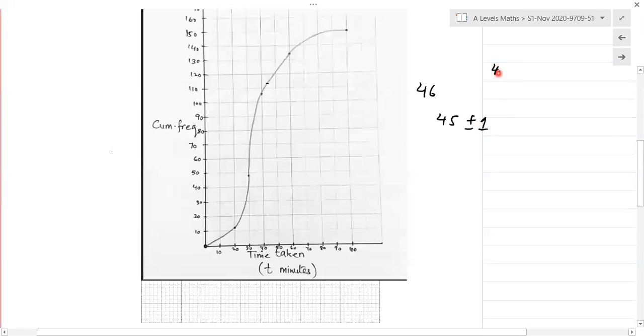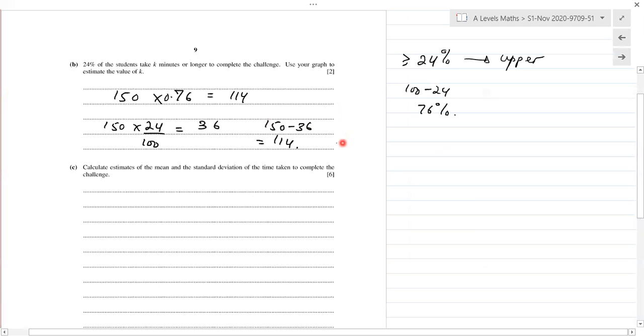So your answer from 44 to 46, anything between that range will be acceptable as the right answer. So now 114, we need to read from the graph, and that's what we have done. And we have got the value as 46.